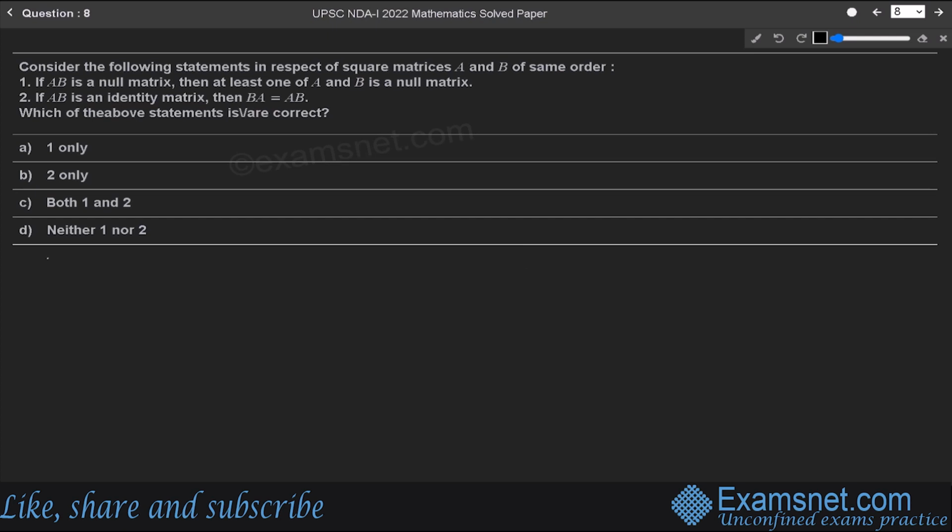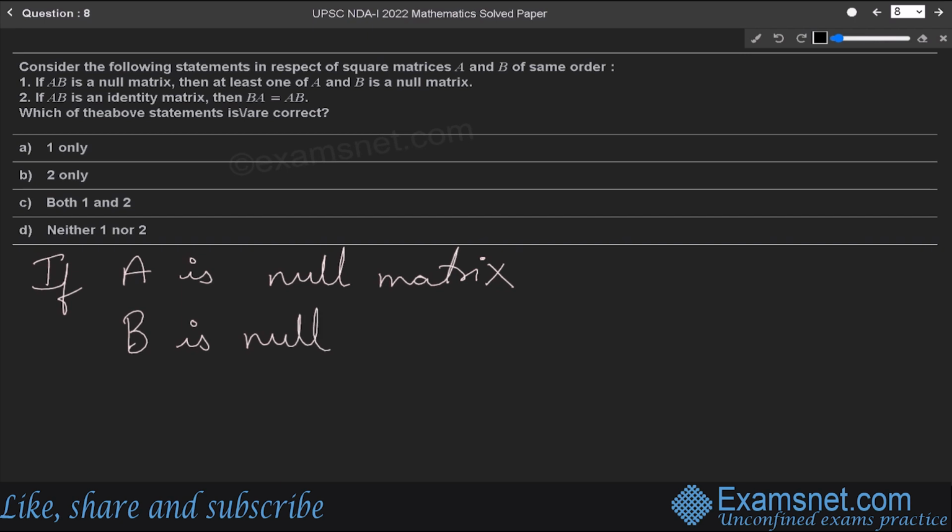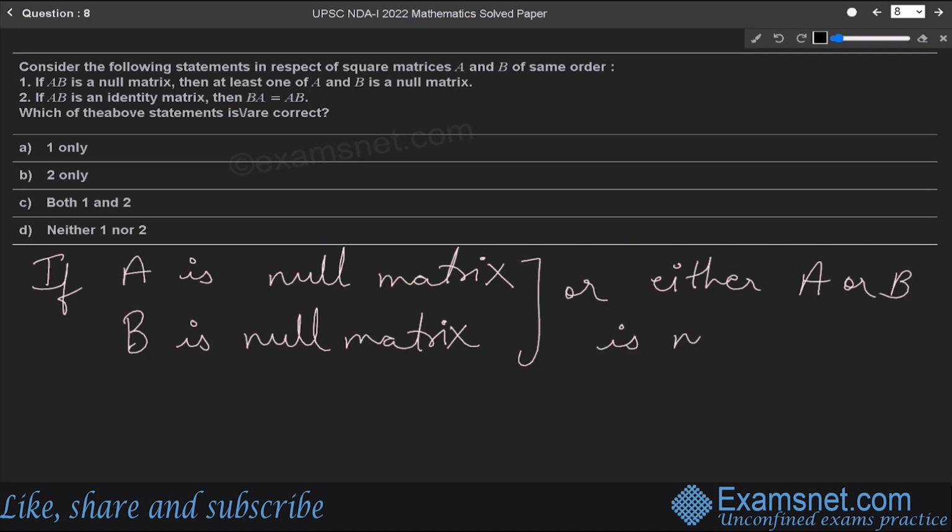The correct statement is, if A is a null matrix or B is a null matrix, or if either of A or B is a null matrix, then AB is also a null matrix.